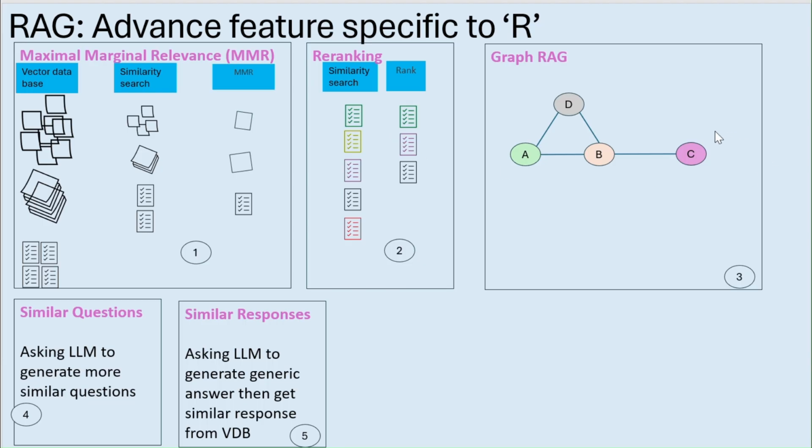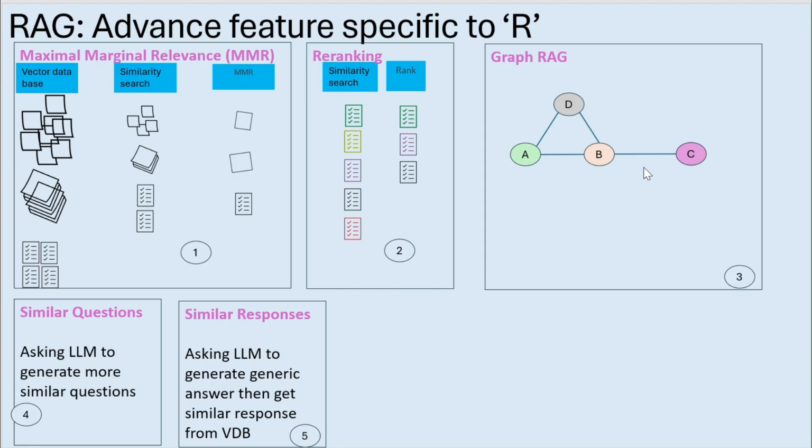Now coming to number 3, Graph RAG. Before we move to Graph RAG, you should be familiar with social network analysis or network analysis, also called graph analysis, where a graph consists of two things: nodes and the relationships between them.